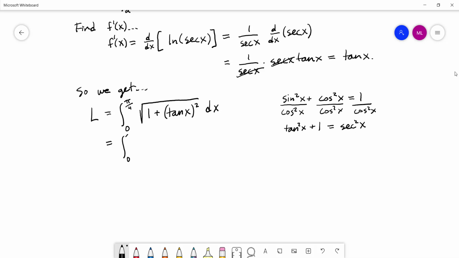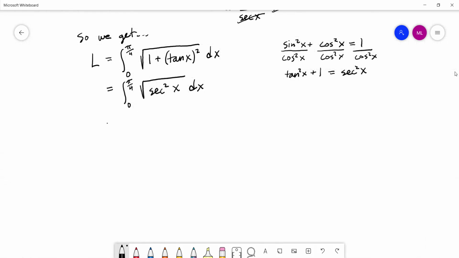The integral between 0 and pi over 4, and we just have the square root of secant squared of x dx. It looks scary. It's looking less scary now. We take the square root of the square, and this is simply the integral of secant of x dx. And this is one that we've done a couple of times.